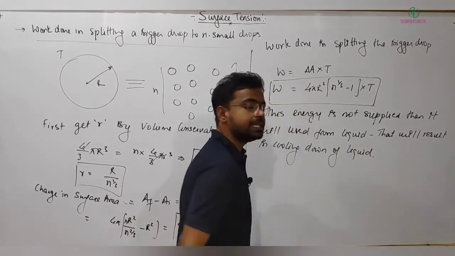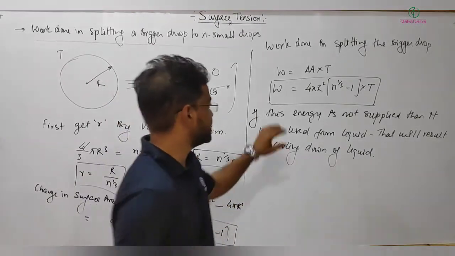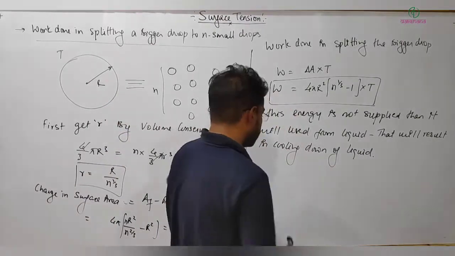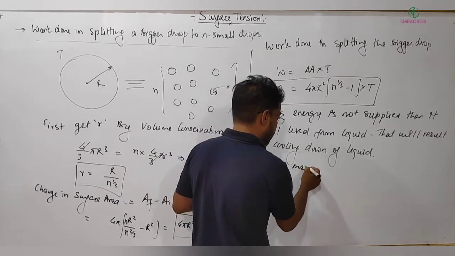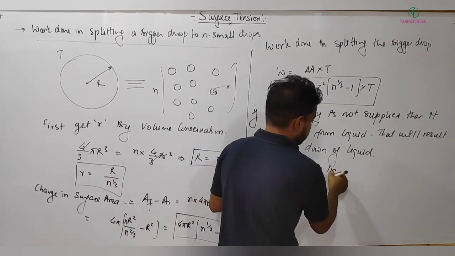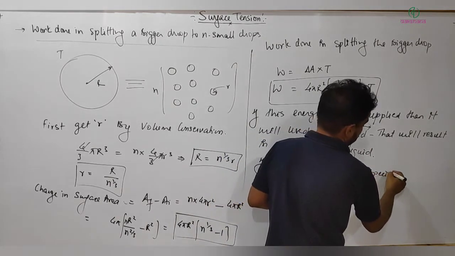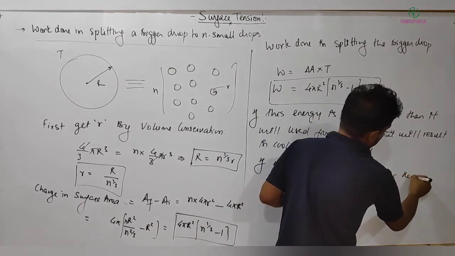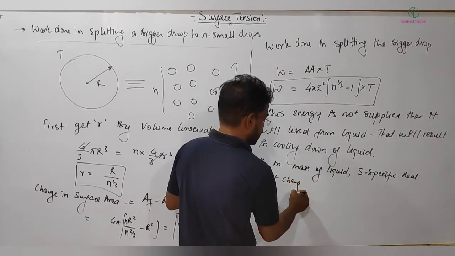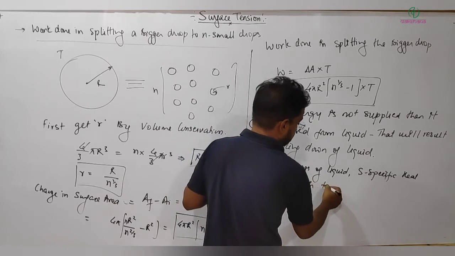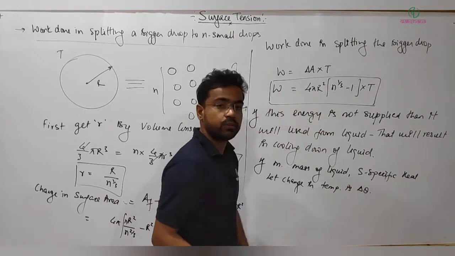So then what will be the change in temperature? How much will the temperature drop? If m is the mass of liquid, S the specific heat, and the change in temperature is delta theta, then what can I write?